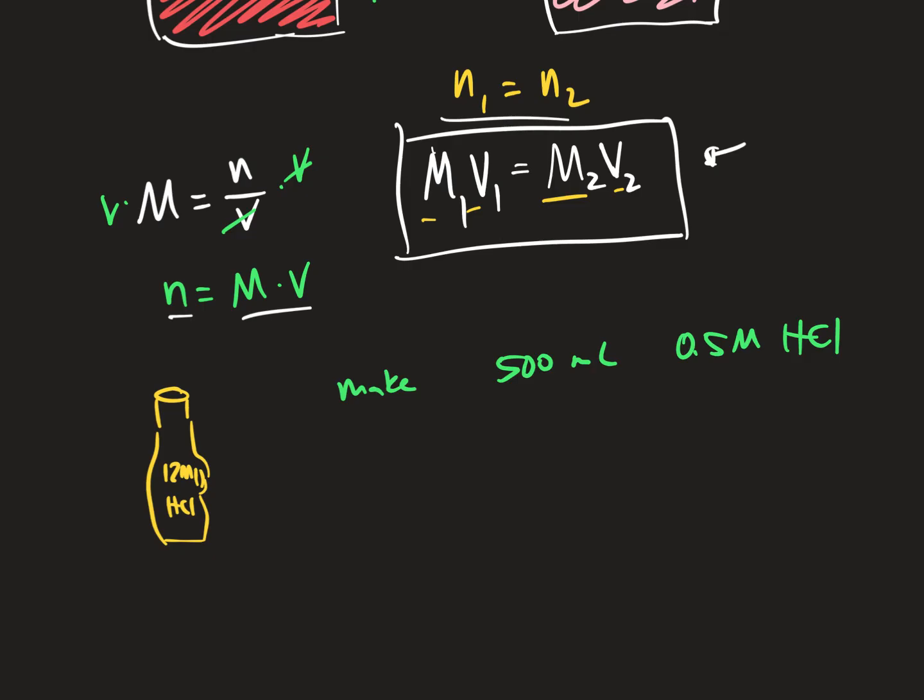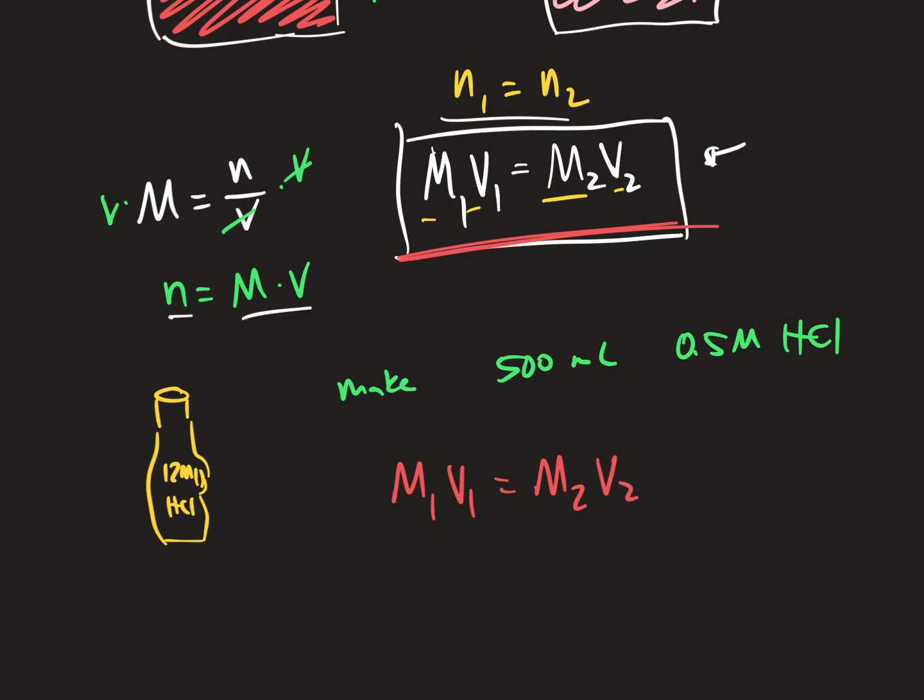Okay? How are we going to do this? Well, we're just going to use this formula. Okay, M1 V1 equals M2 V2.